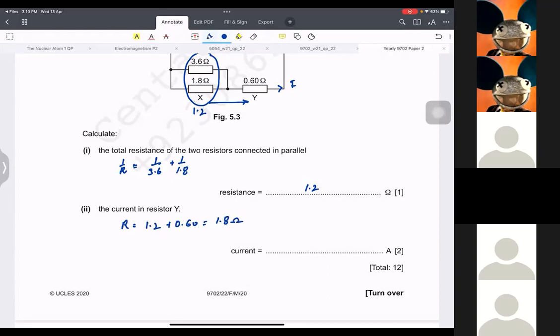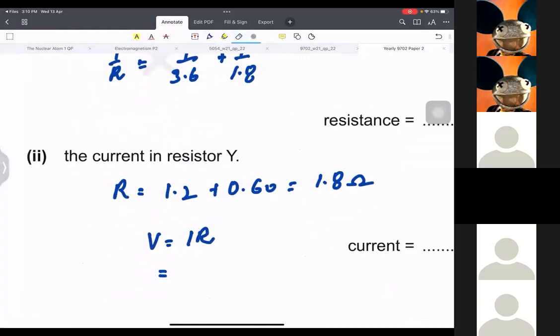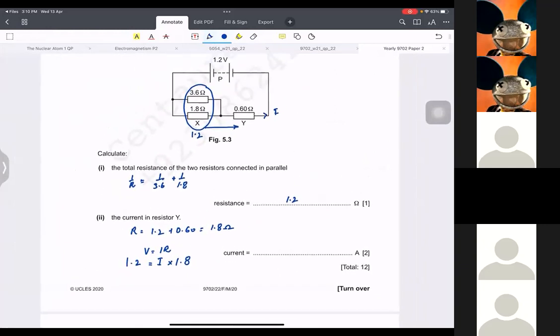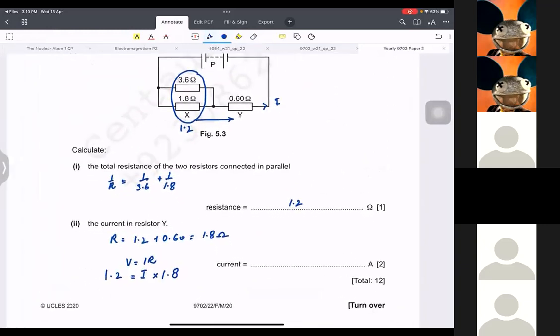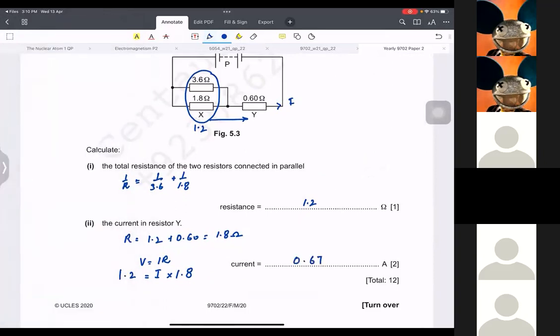V is equal to IR. Total voltage is 1.2, total current is what we want, and the resistance is 1.8. So 1.2 divided by 1.8 is 0.67 ampere.